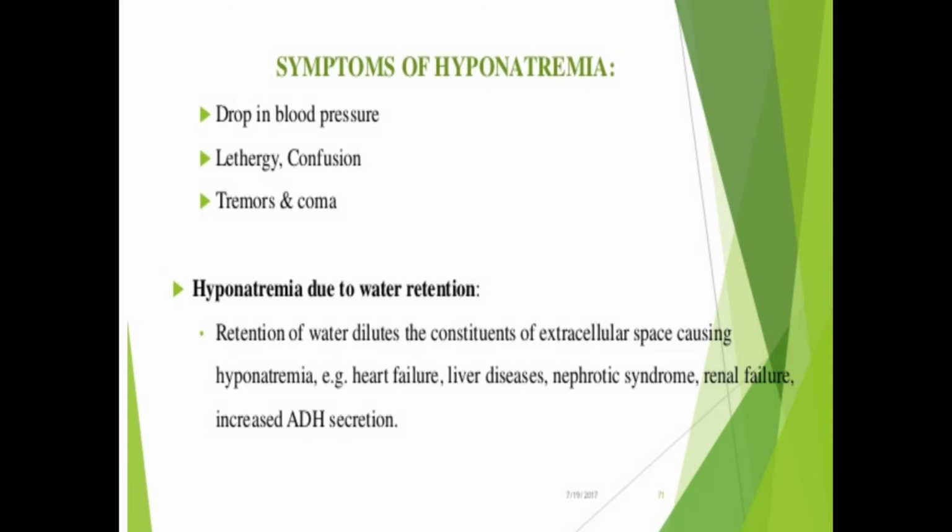Hyponatremia due to water retention is another type. Retention of water dilutes the constituents of the extracellular space, causing hyponatremia. There are different reasons for the retention of water, for example heart failure, liver diseases, nephrotic syndrome, renal failure, and also increased ADH secretion.